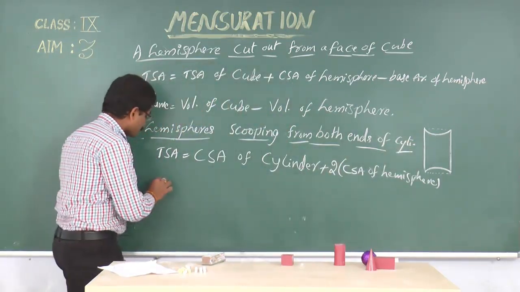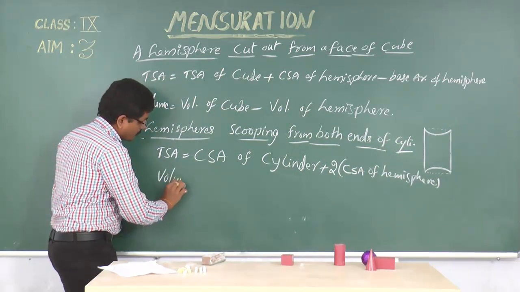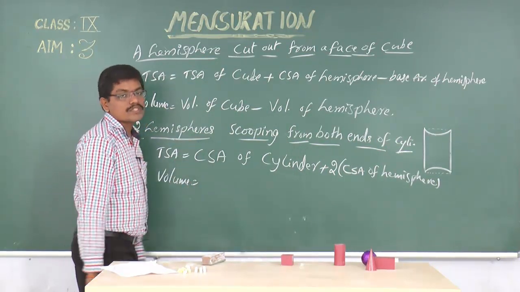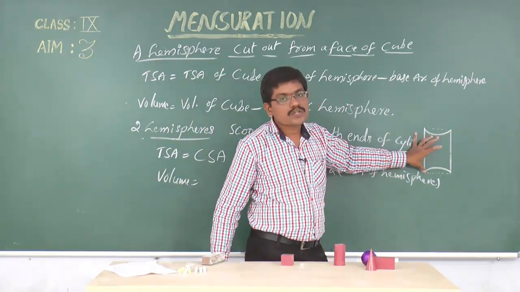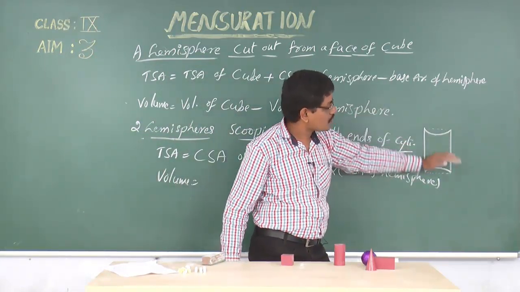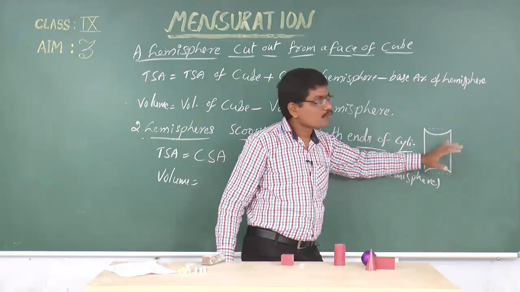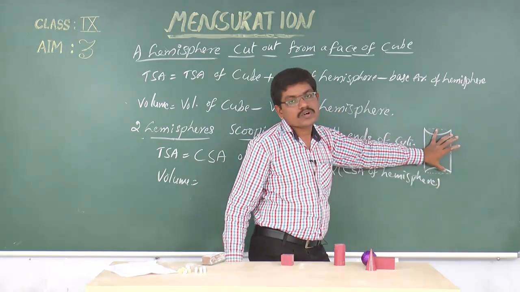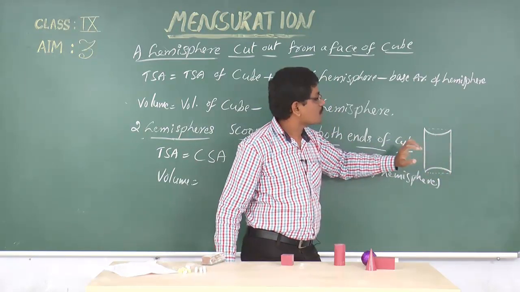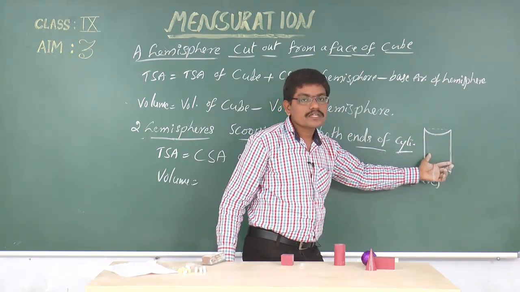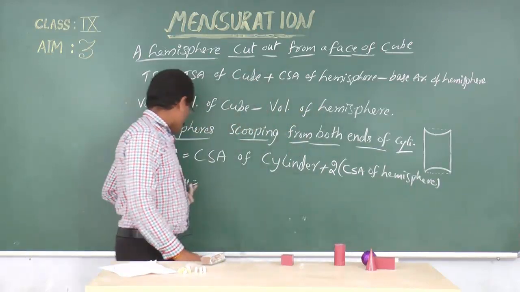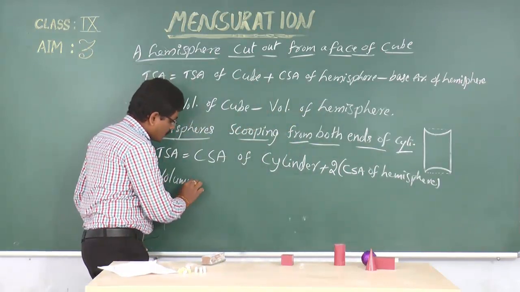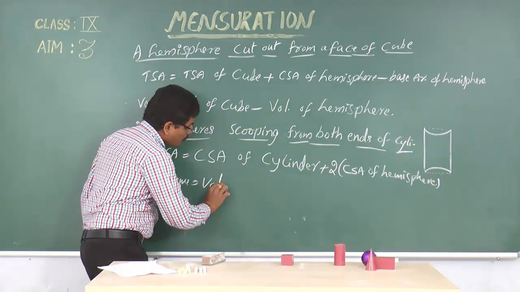Next, volume. This is one cylinder, and we are removing some part from here and from here. So the volume of the remaining solid is equal to the volume of the total cylinder minus these two volumes.